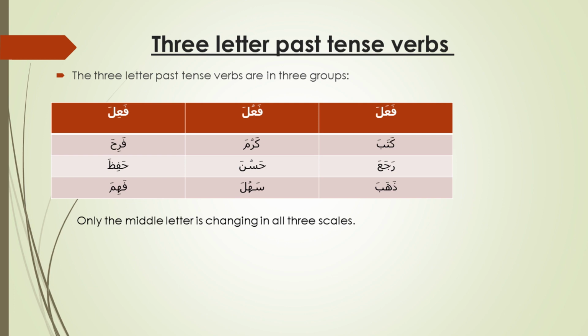It will say dhahaba means to go, even though it means he went. And then kataba is to write. I'll show you how to use the dictionaries as well. On iPhones, there's a good dictionary called Oxford Dictionary. It's very accurate. For Androids, I'm not too sure.